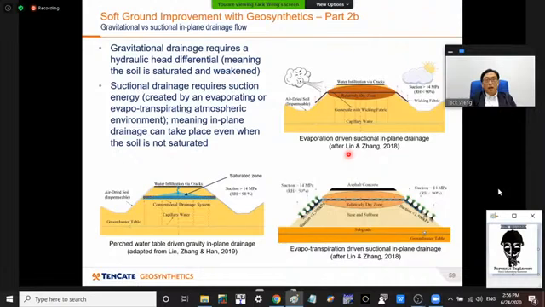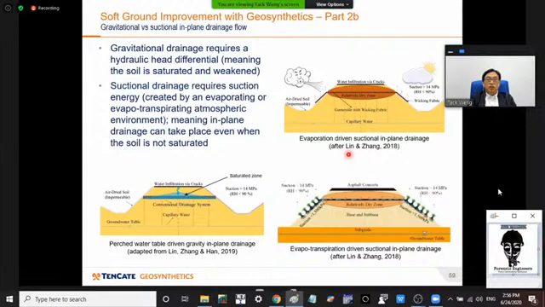And what are the solutions for that? Before I get into that, I'd like to talk about the difference between gravitational and suctional in-plane drainage flow. In gravitational drainage, you need a water height difference to drive the water to flow. But for that to happen, it means that the soil is already saturated and weakened.